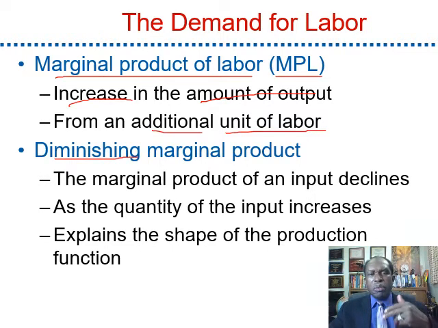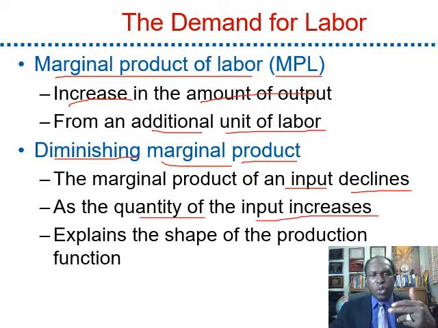The diminishing marginal product means the marginal product of an input declines as the quantity of that input increases. So you can see that as you hire more and more workers, the productivity of the additional unit of labor will start to decrease. This explains the shape of the production function.